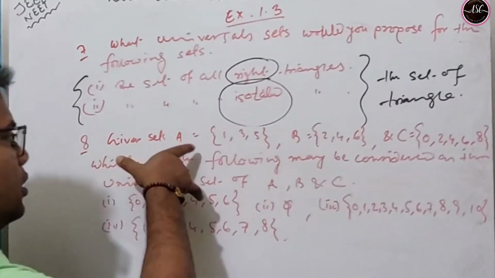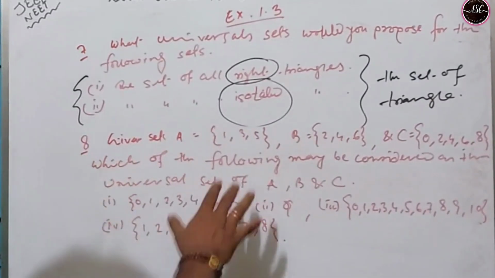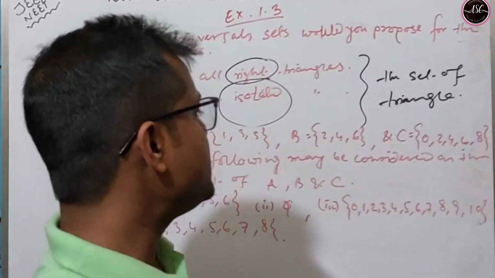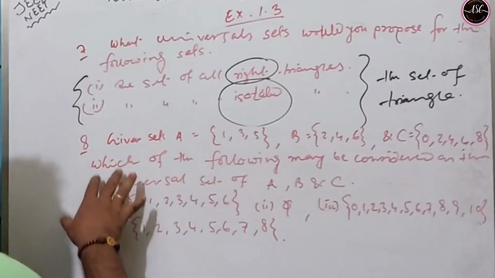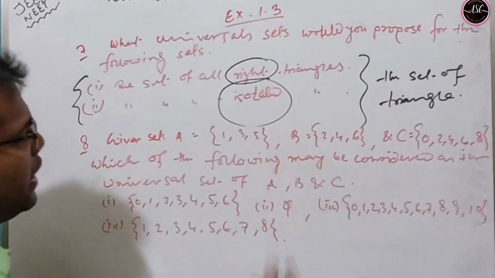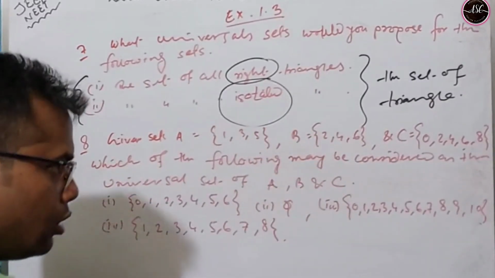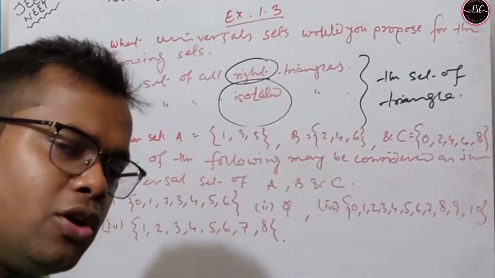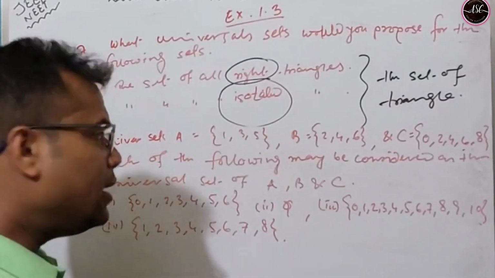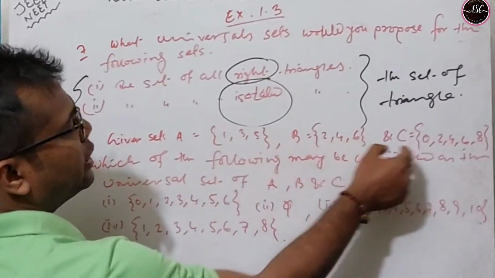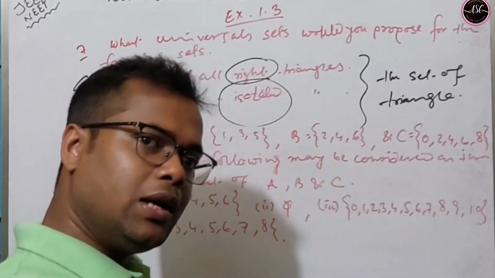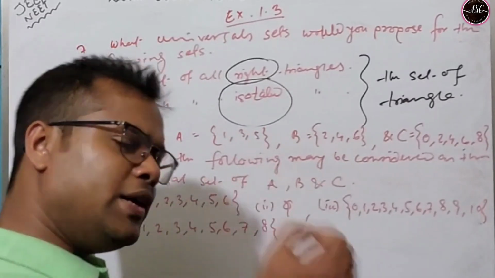So please look at this question. A = {1,3,5}, B = {2,4,6}, C = {0,2,4,6,8}. So now we have to find the universal set of A, B, C. Okay. So the universal set must contain all of the elements, not repeatedly, but uniquely or distinctly.